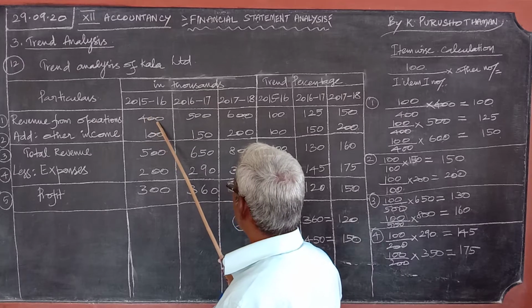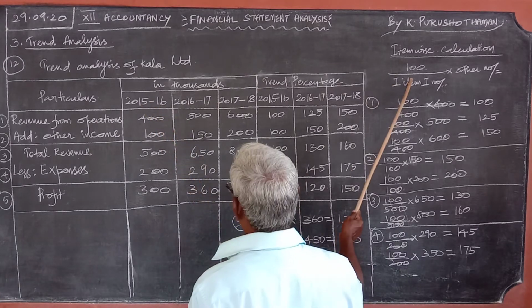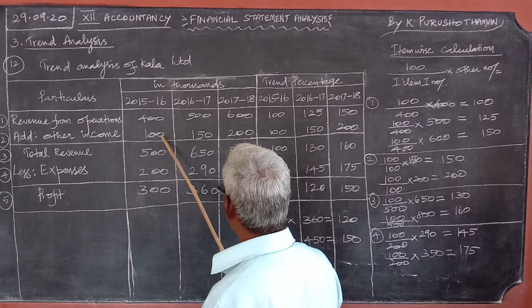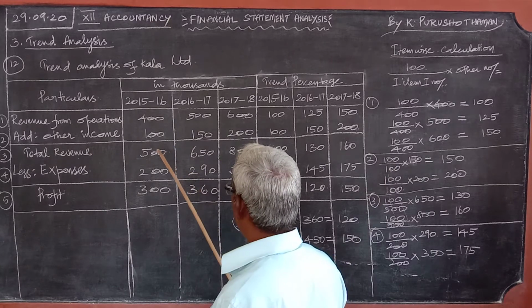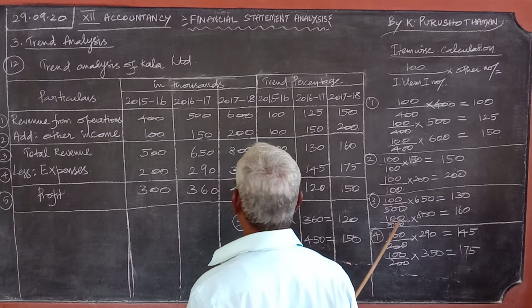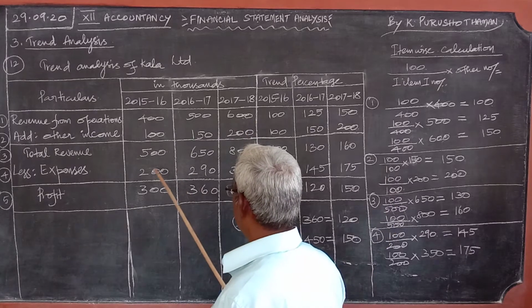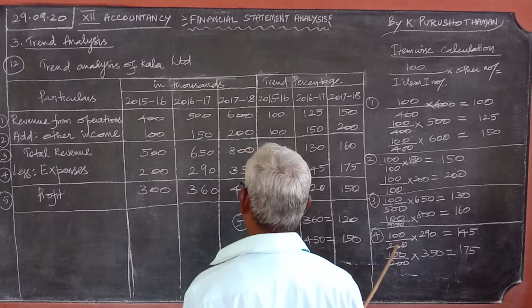If you take revenue from operations, 100 by this 100. If you take other income, 100 by this 100. Then if you take total revenue, 100 by 500. Then expenses, 100 by the first number, 200.